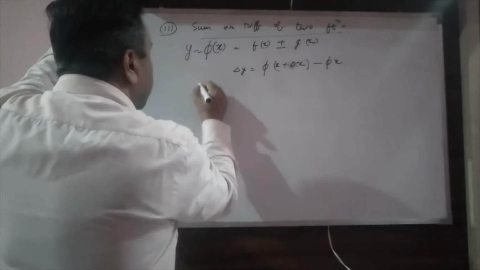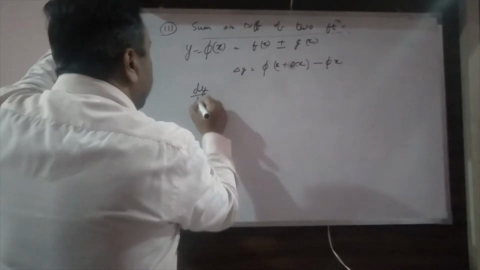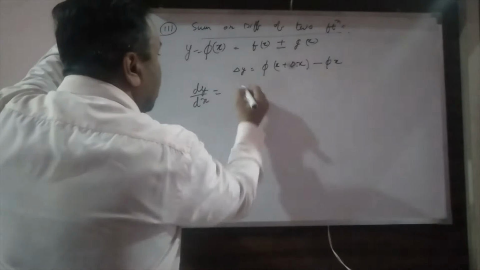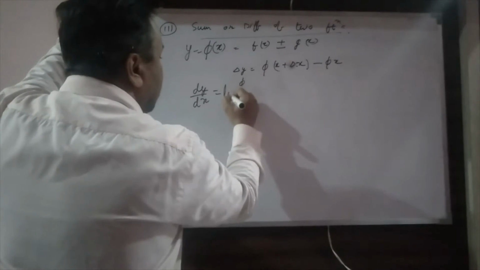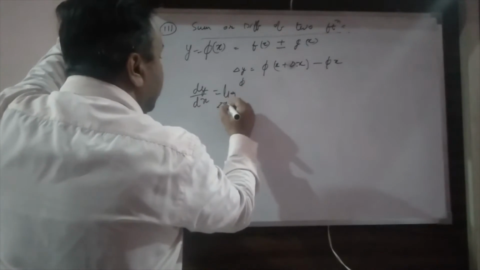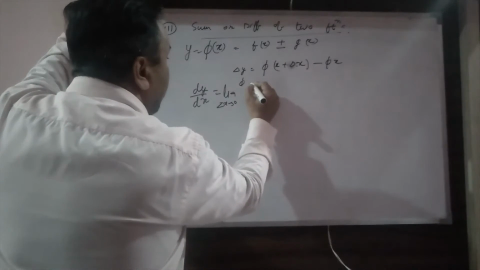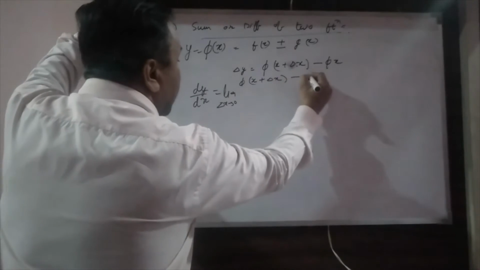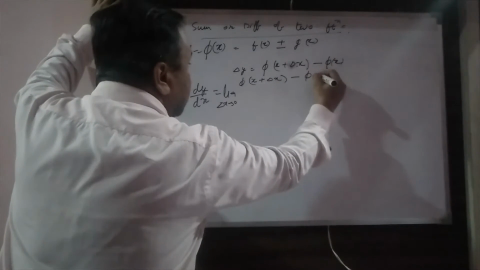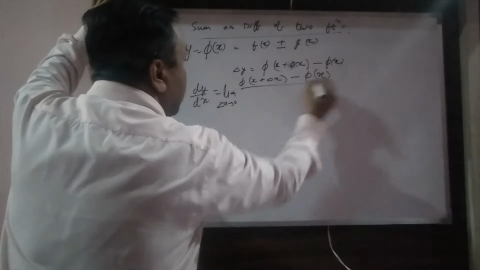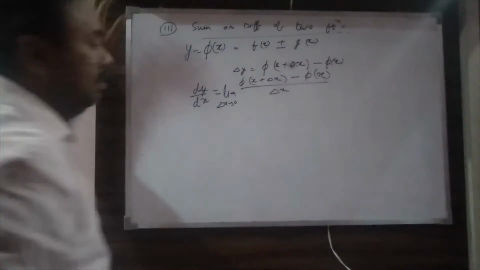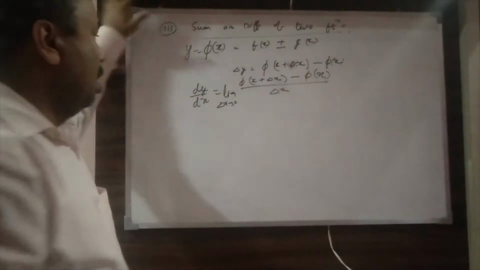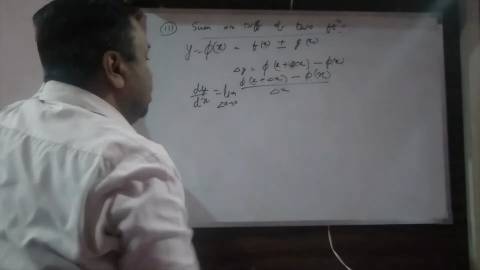So dy by dx will be the limit as delta x tends to 0 of phi(x plus delta x) minus phi x, divided by delta x. Now what is phi(x plus delta x)?